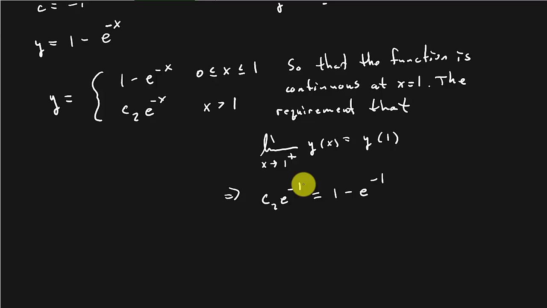All right, so what we're doing is we're plugging the 1 into here, and so these two have to be the same. That means that C2 equals 1 over e to the negative 1 minus e to the negative 1 over e to the negative 1.